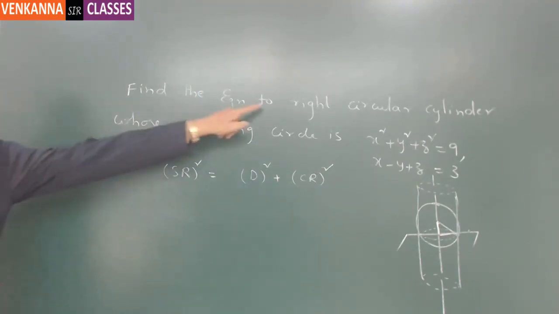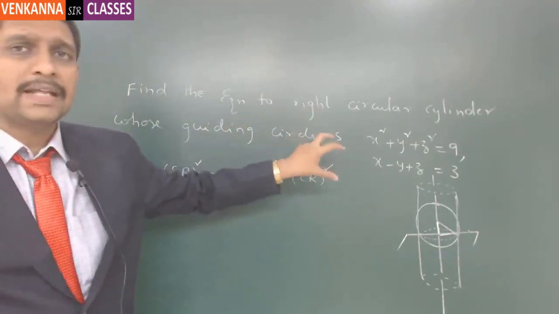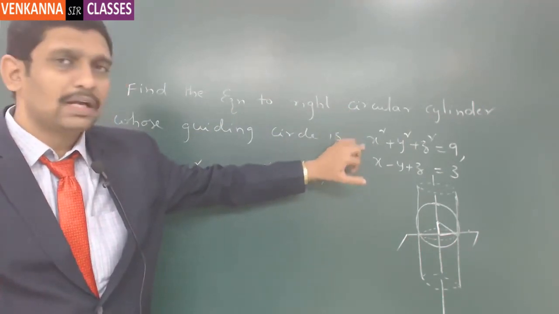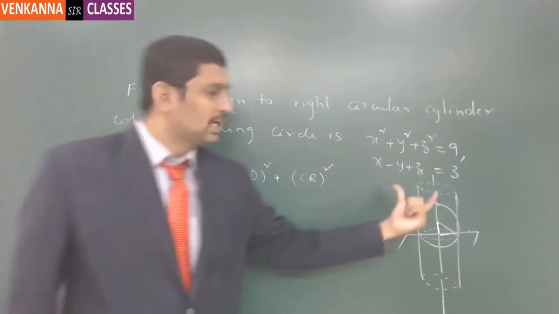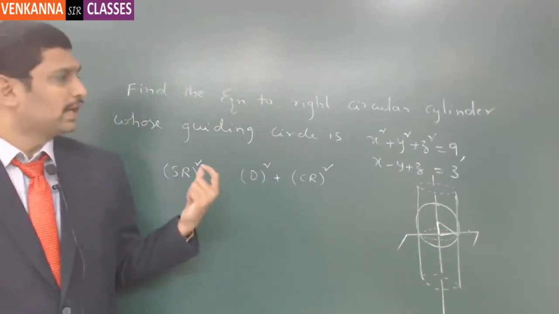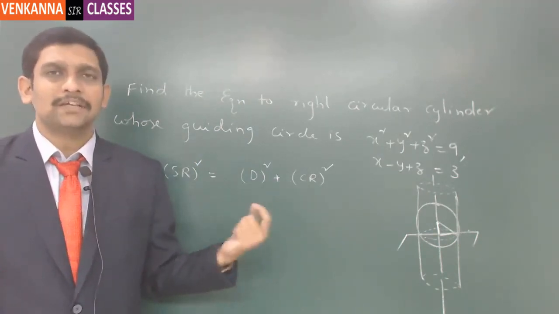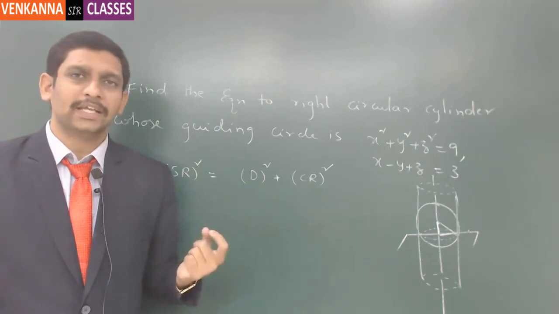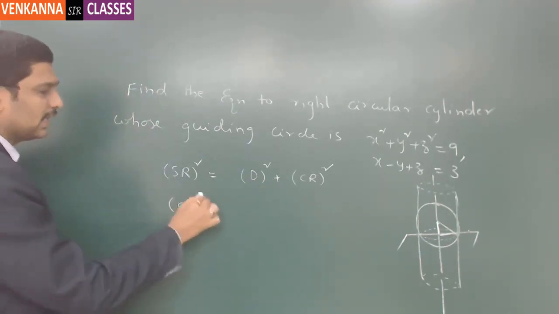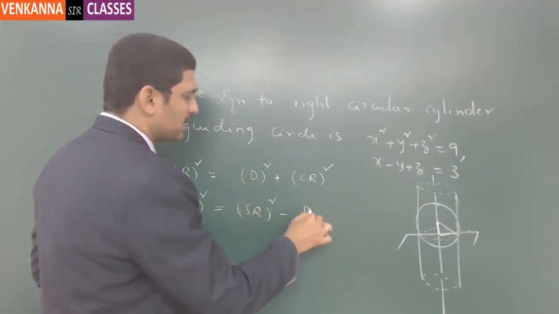We are calculating the equation of the right circular cylinder where the guiding circle is formed by the intersection of the sphere and the plane. So this is the respective diagram for it, and first we are trying to calculate the radius of the cylinder. It is nothing but the radius of the circle there. So from this you have circle radius whole square equal to sphere radius whole square minus distance whole square.